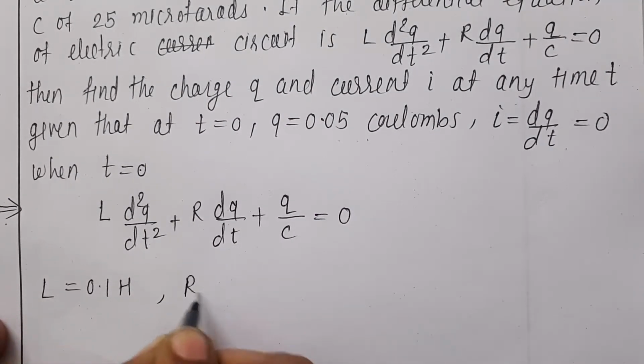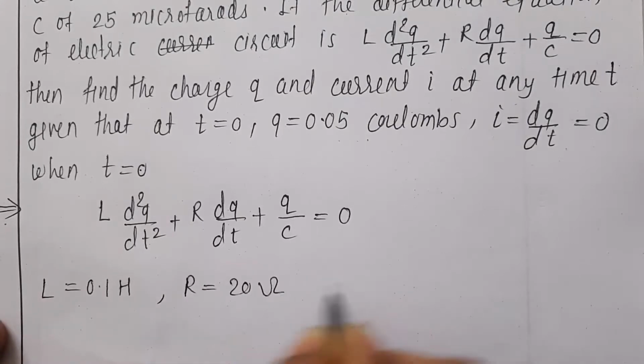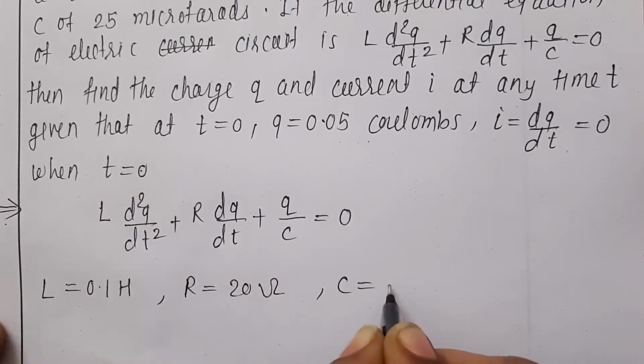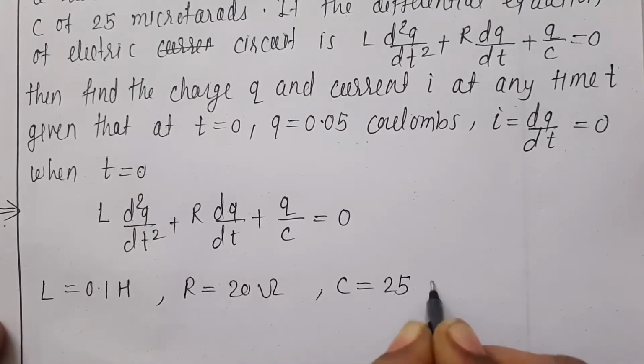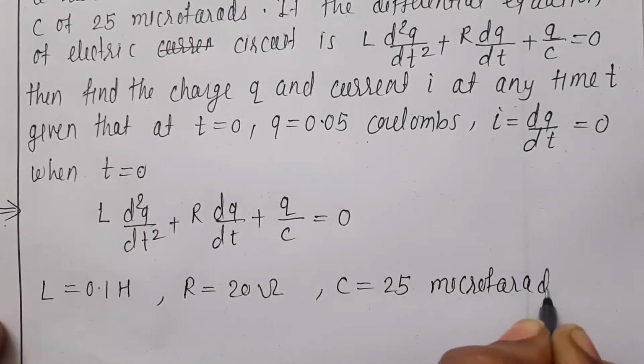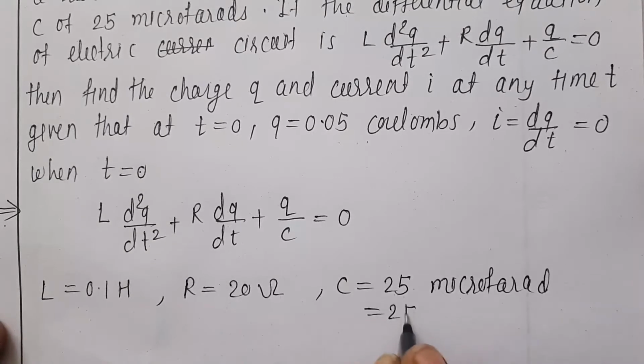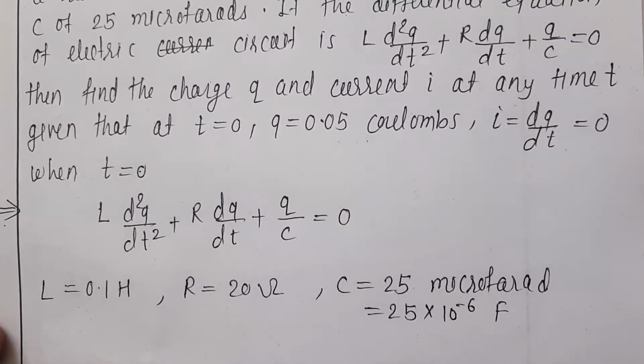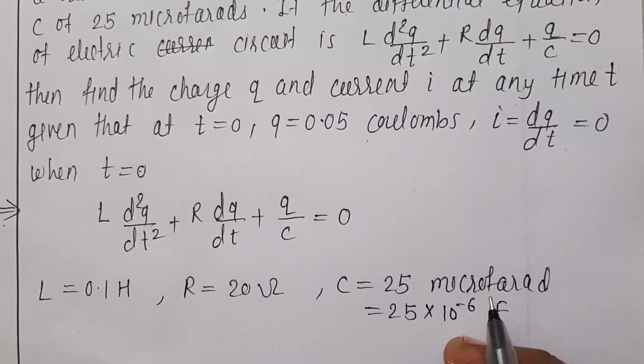Next, R is given as 20 ohm and capacitance C is given as 25 microfarad. But we want this in terms of farad, so it is equal to 25 into 10 to the power minus 6 farad. 1 microfarad is equal to 10 to the power minus 6 farad.